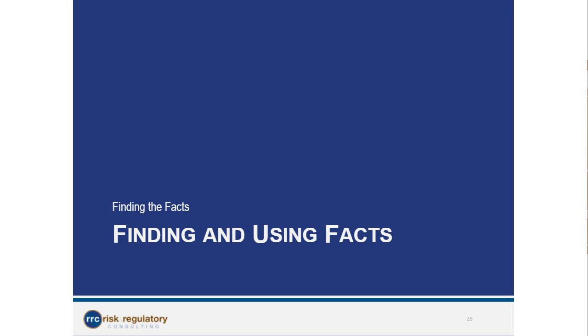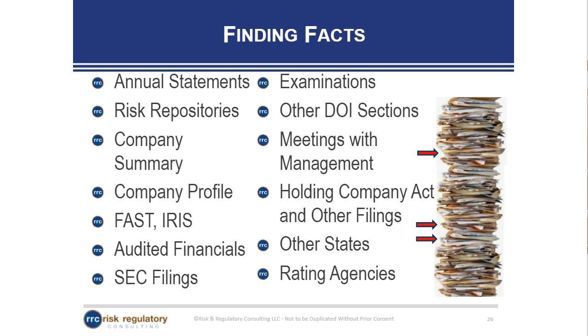All right, and then we want to shift our attention to finding and using facts during our analysis. So one of the biggest challenges of the analysis process is being able to take all the information that is readily available and focus on or pull out the pieces of information that are most relevant to our company.